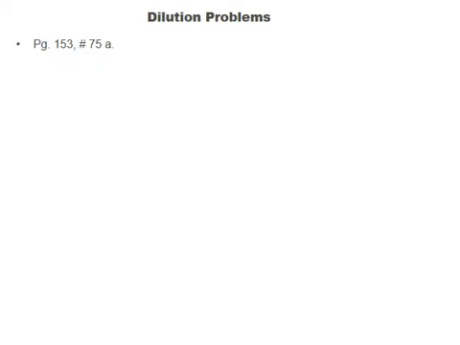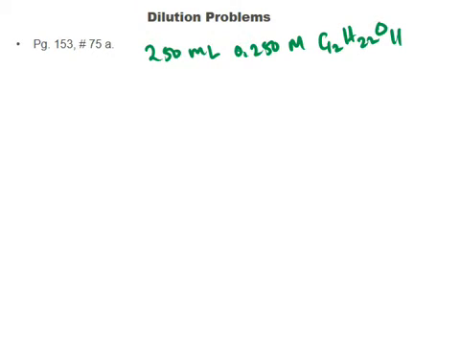Let me write that down: 250 ml, and the concentration is 0.250 molar sucrose. They gave you the formula for sucrose, which is C12H22O11. So the question is, how do you make it?